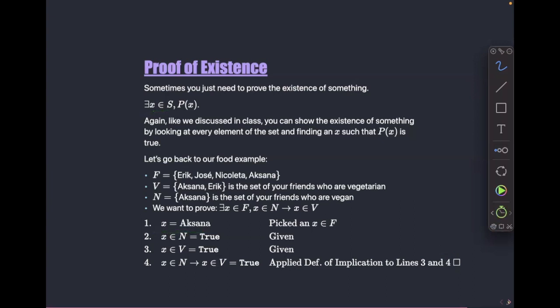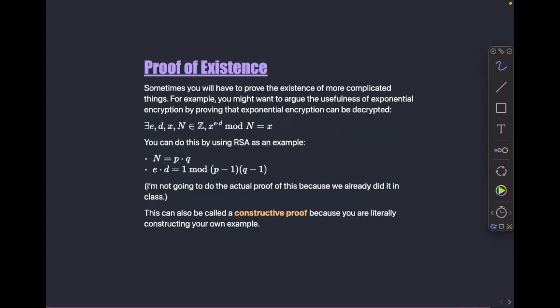The most common type of proof of existence is going to be a proof by construction. Basically, you're building something to show that there exists something where this is true. So for RSA, we had this idea of, okay, I want there to be an E and a D so that if I take X and I encrypt it and then I decrypt it, and then I mod it by N, I should just get back X, right?